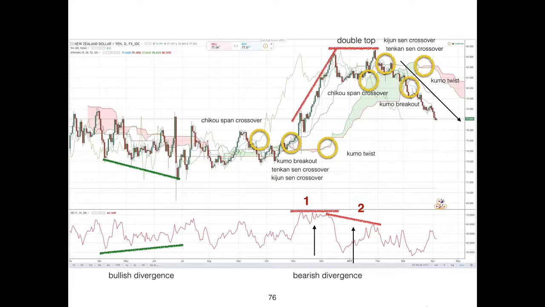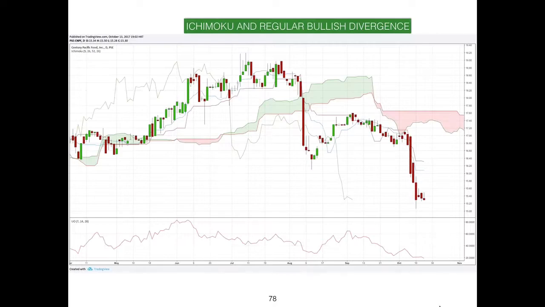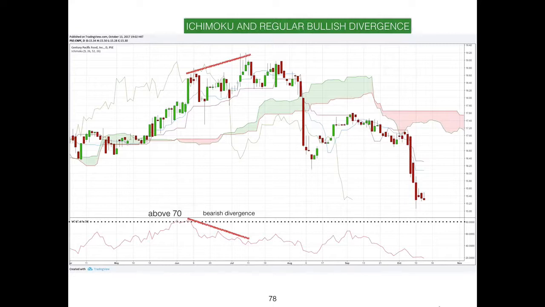So let's move on to other examples of bearish divergences. You have CNPF, bearish divergence here. The first high of the ultimate oscillator is above 70. In fact, it is at 80. And the lower high was formed, thus making a bearish divergence.